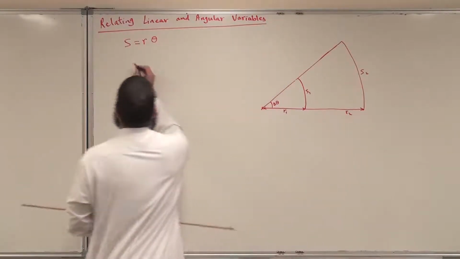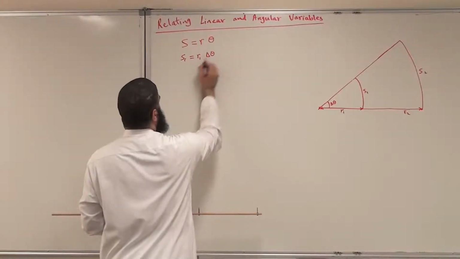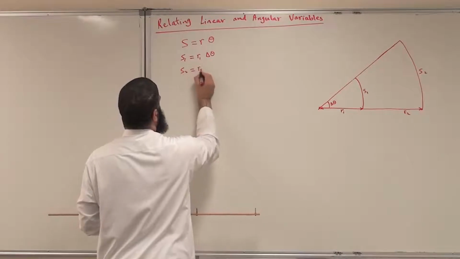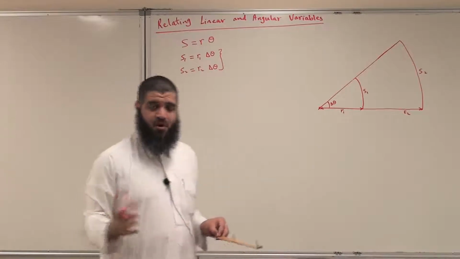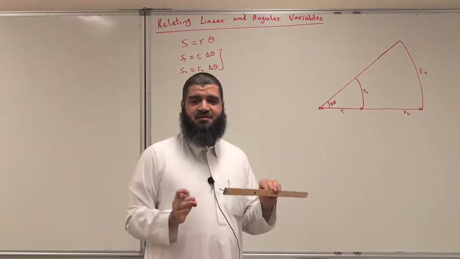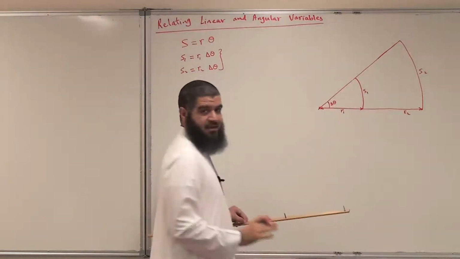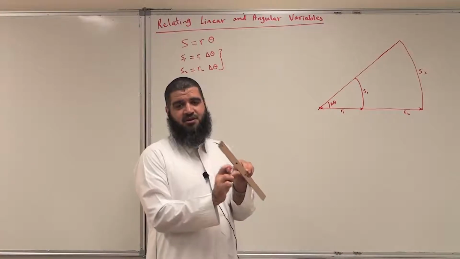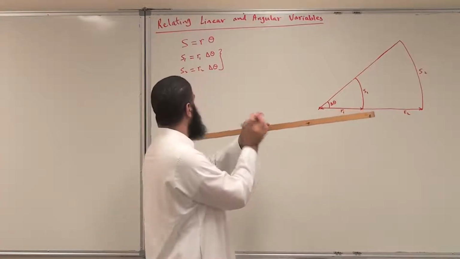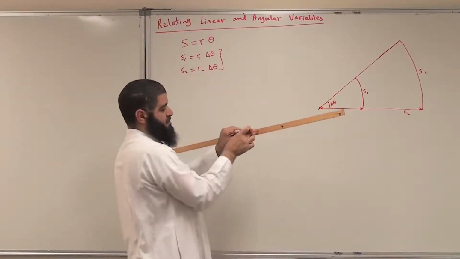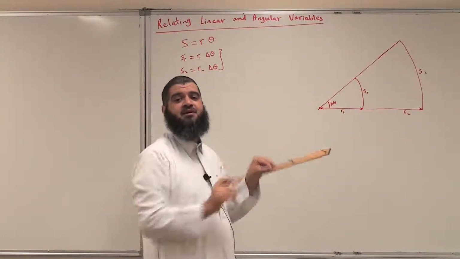We can see here that S1 equals R1 delta theta, and S2 is R2 times the same delta theta. So all points in my rotating object travel the same angular displacement, which is delta theta, but the points which are closer to the axis of rotation have a small R. So their S, the distance traveled by them, will be smaller.